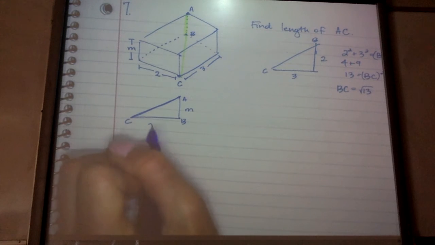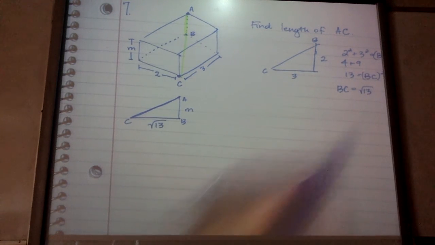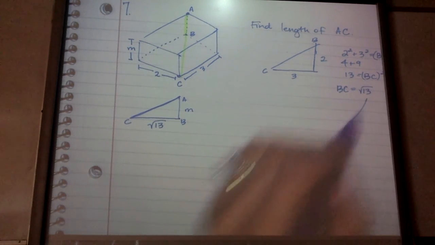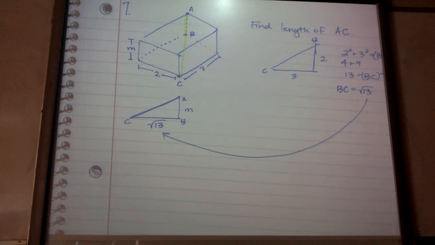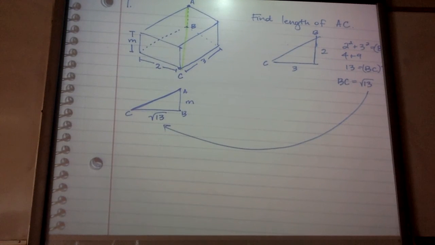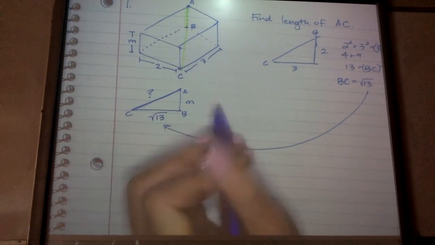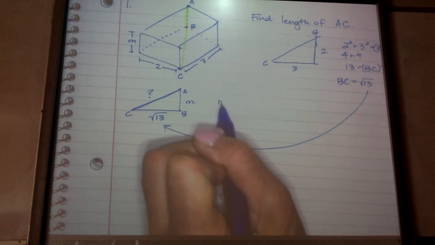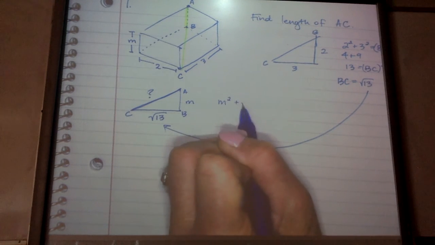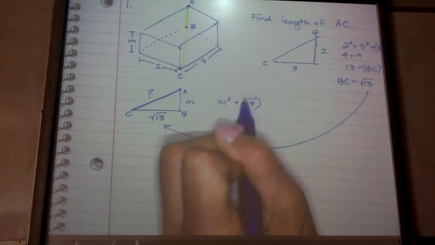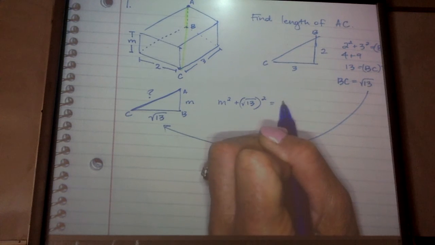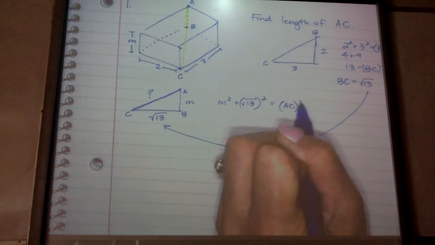So now I have something I can actually work with. I'm looking for this here. I know that M squared plus the square root of 13 squared equals AC squared.